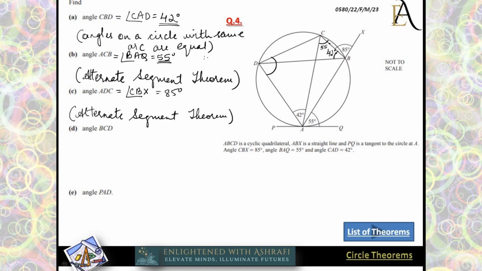Here we had a cyclic triangle. Here we have a cyclic quadrilateral. Then angle BCD, this angle BCD. We have to find out this angle.